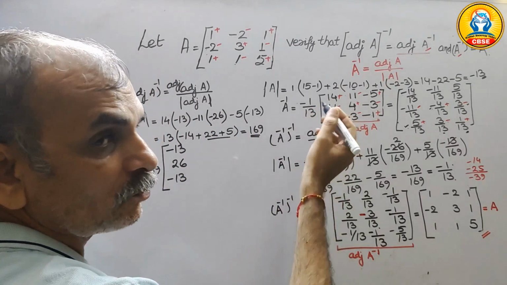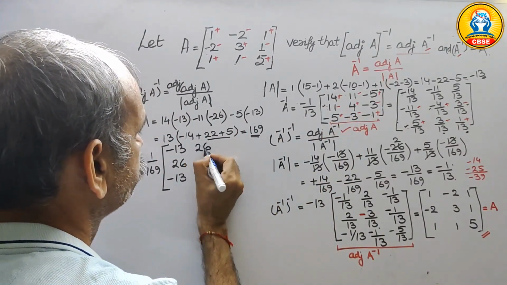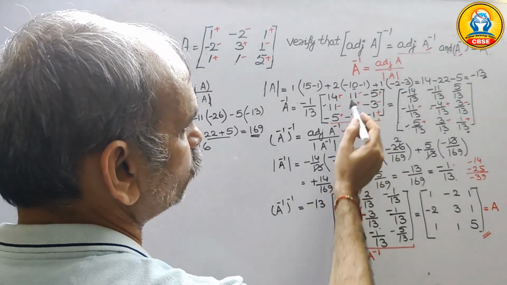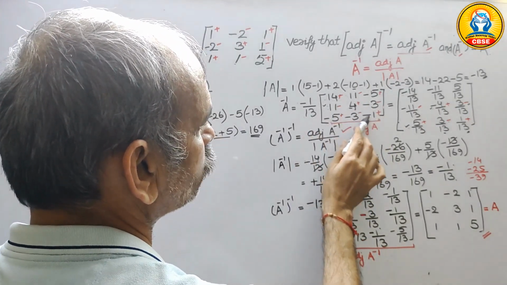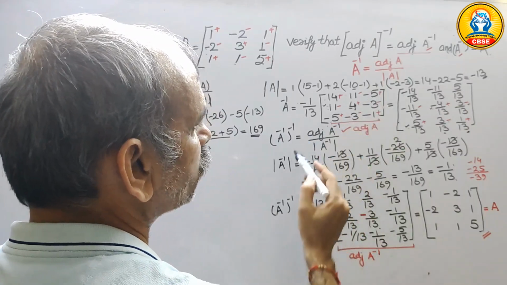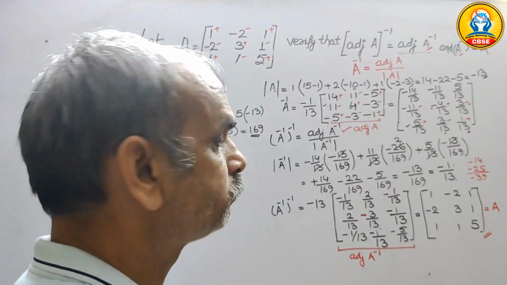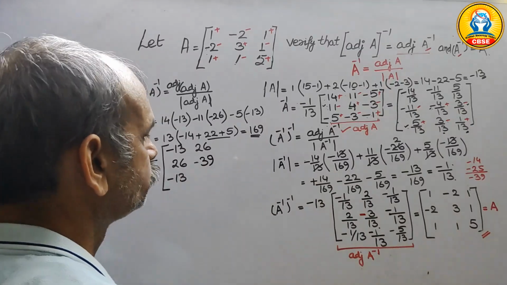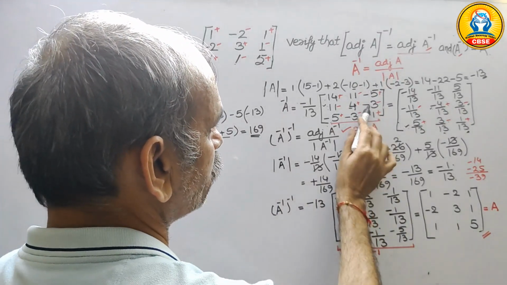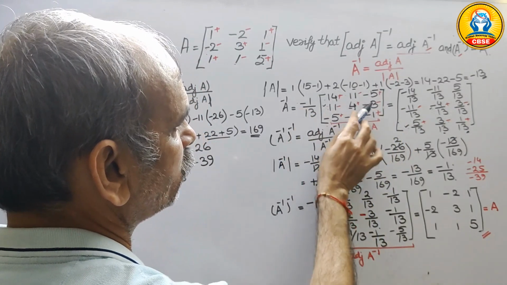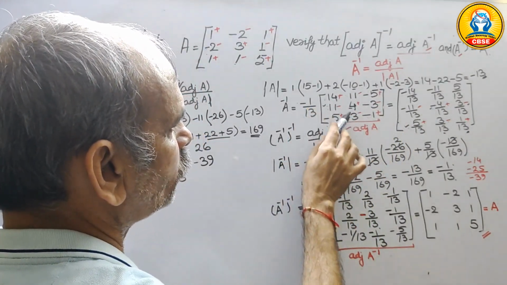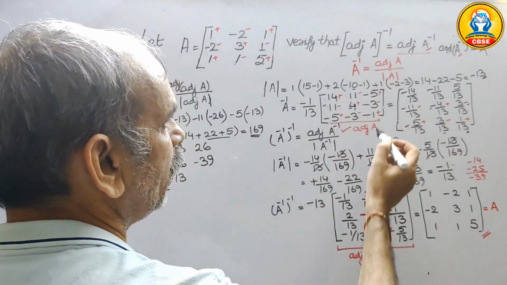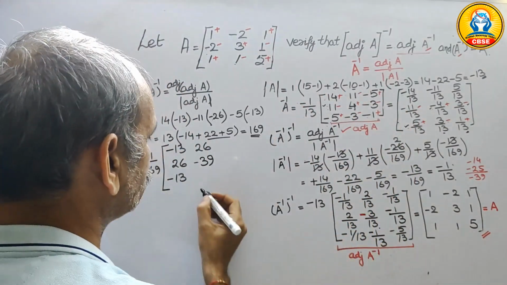And position is minus, we will get 26 here. Now, next is positive position. Positive position, that means it will be minus 14 and minus 25 is minus 39. Next is this position, that is negative. So negative, that means it will be minus 42 and plus 55 is 13. And this will be minus, so minus 13.